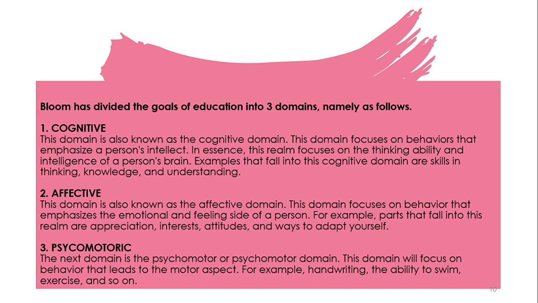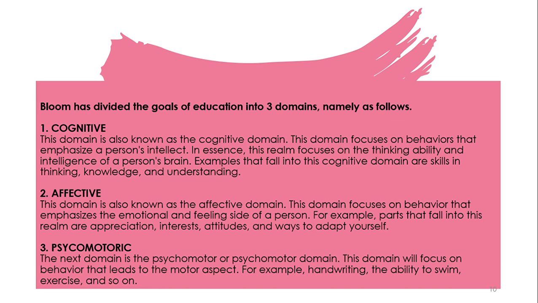Secondly, affective. This domain is also known as the affective domain. This domain focuses on behavior that emphasizes the emotional and feeling side of a person. For example, parts that fall into this realm are appreciation, interest, attitudes, and ways to adapt yourself.